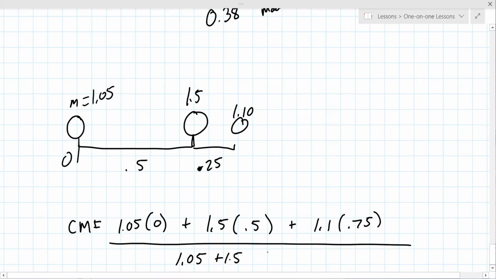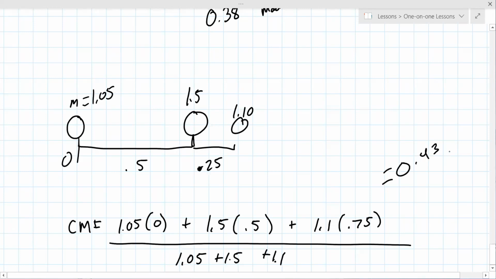So 1.5 times 0.5 plus 1.1 times 0.75, divided by 1.05 plus 1.5 plus 1.1. Okay, 0.43.